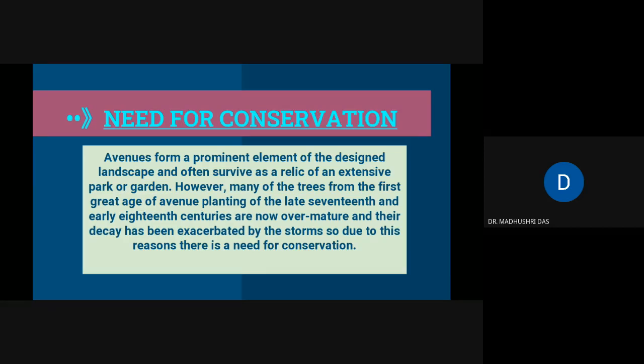Trees planted in the 18th and 19th centuries are now over-mature and their decay has created a bad impact on the present situation. So it is important to conserve these trees.